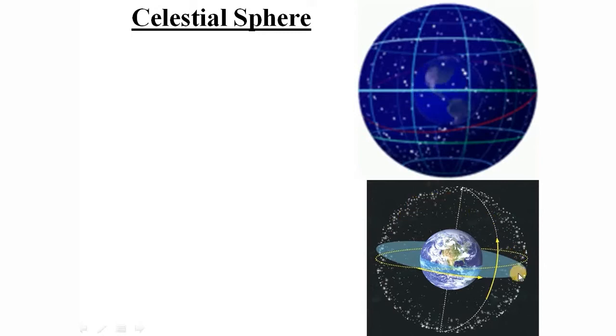In figure 2, you can see some shining objects. It's a visual artistic impression of the celestial sphere. At the center we have the Earth, and all other objects seem to be existing on a spherical surface. That spherical surface is called a celestial sphere.